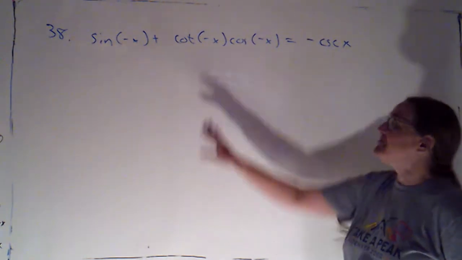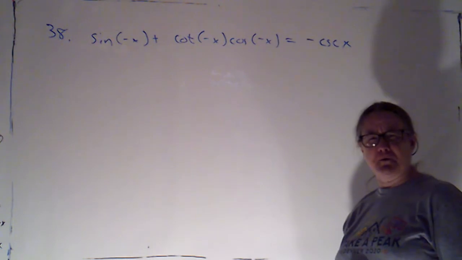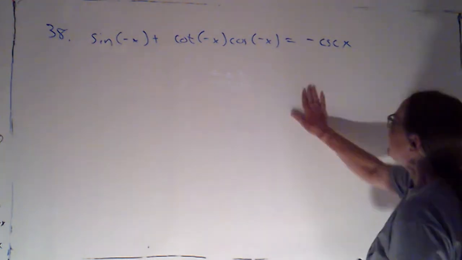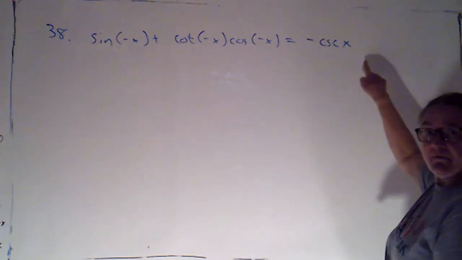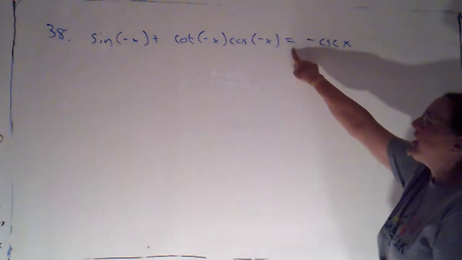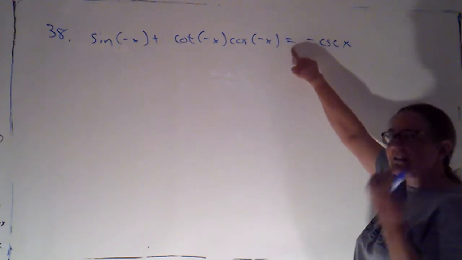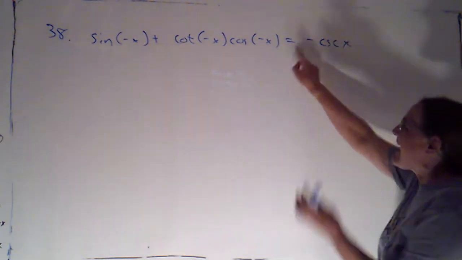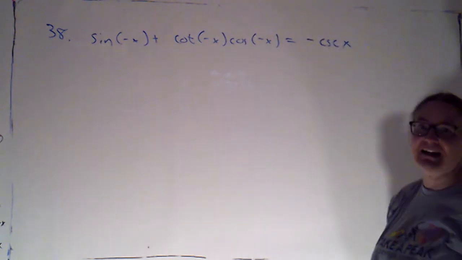What happened is I had miscopied the problem initially, and I went to prove it, and I was like, oh, that's not true, because I hadn't copied it right. So here we have this. Okay, now that's the statement of the problem. That equal sign has not yet been justified. My entire task is to try to prove that that equal sign is true, that that side does equal that side.